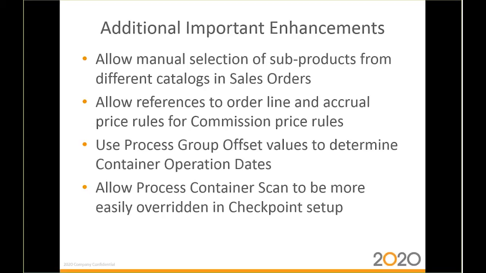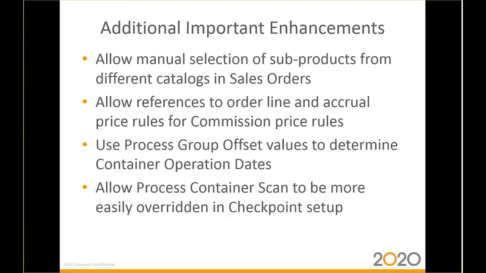A few other things that are worth mentioning. Like I said, there's around 70 enhancements overall, and so I'm trying to hit sort of the biggest or most important. We do have added the ability to select subproducts if you use a product structure from different catalogs.